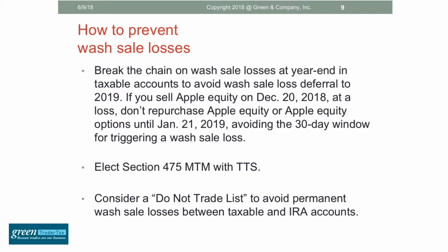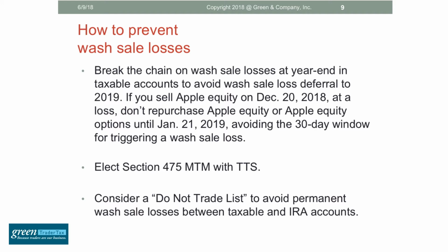And that avoids the 30-day window. So the loss will be allowed in December, and you won't have to defer it until the next year, 2019. So you can have wash sales throughout the year, but that's okay. What matters is, can you take the loss in 2018, or do you have to defer it until 2019?